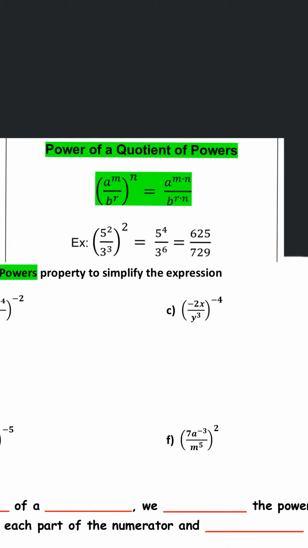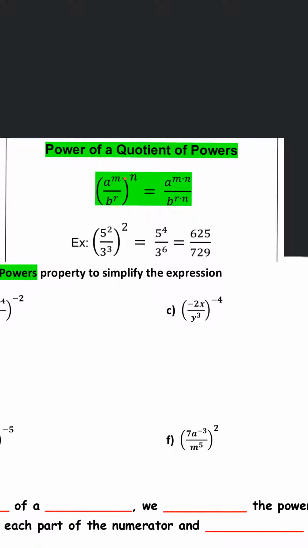The power of a quotient of powers means if the numerator and the denominator already have an exponent, then you're going to multiply the two exponents together on the top and the bottom. So a to the m to the nth power would be a to the m times n, and the denominator we would have b to the r power, and then times n, so b to the r times n.